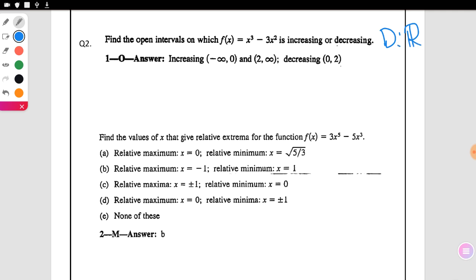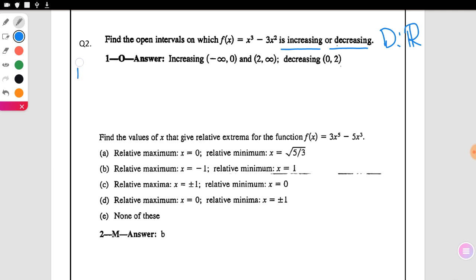So any values you will find at which the first derivative does not exist or equals 0 will be critical numbers. Since we are talking about the interval on which the function is increasing or decreasing, we will use the first derivative test.